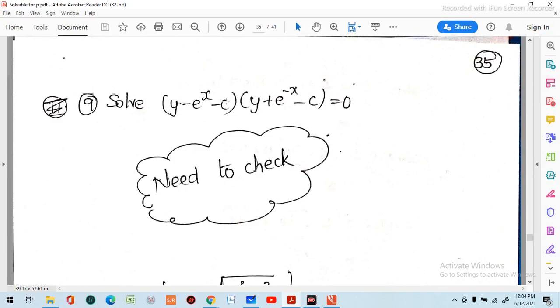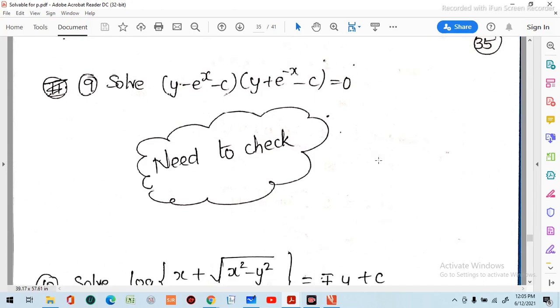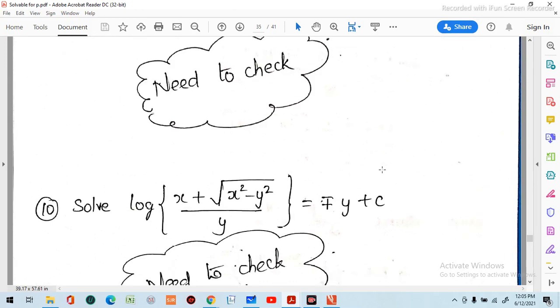See these problems also. Until now, what did we do? They give a quadratic equation or a cubic equation, we solve it and we were getting the outputs, the solutions, and those solutions we were writing in terms of a product. Right? So in this problem, in question number 9, they have given the solution. Okay, they have given the general solution. They are asking us to find out the equation. This one, I have to check how we can solve it. Okay, that is why I have kept need to check. We will keep pending. I will try to do it and send you.